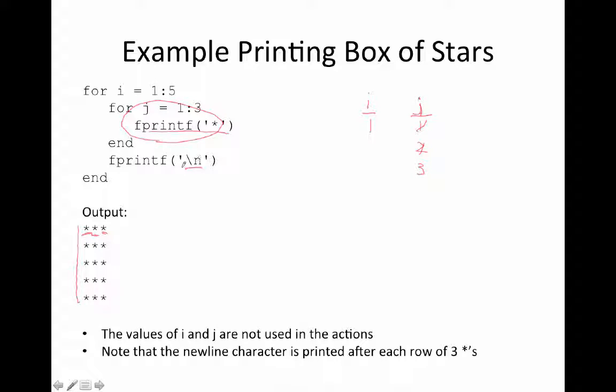And then we print one new line character, so that's going to move the cursor down to the next line. So for each of the 5 times we execute the outer loop, we're going to print 3 stars across on a line and then move the cursor down. So we end up printing 5 rows in which each row has 3 stars, and then we move the cursor down after each one.